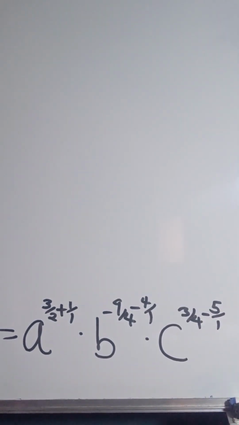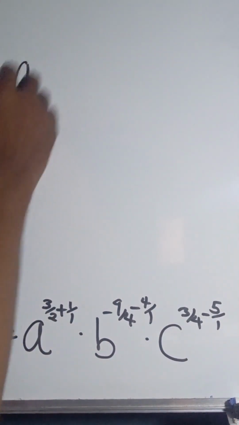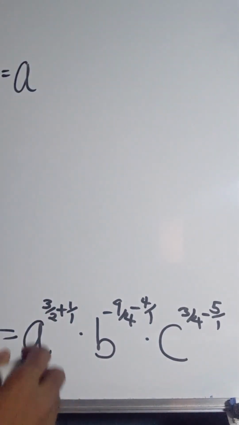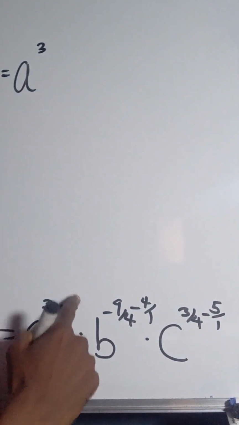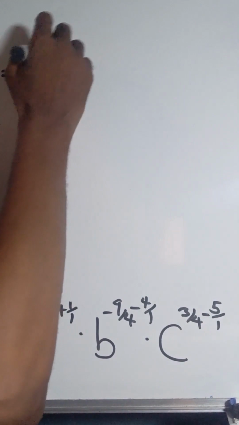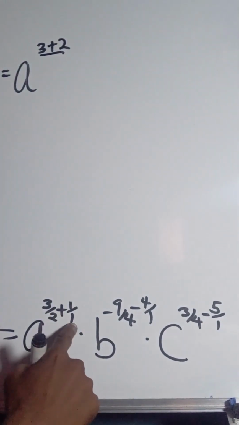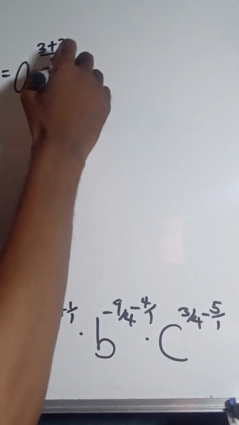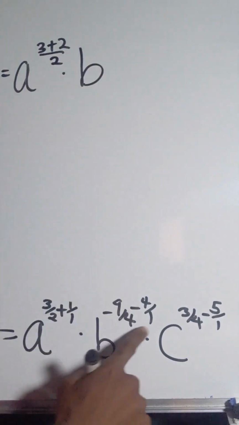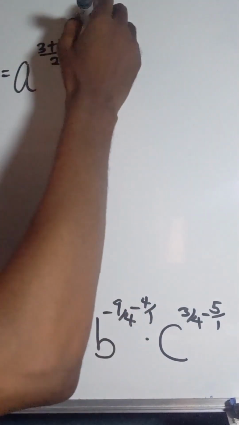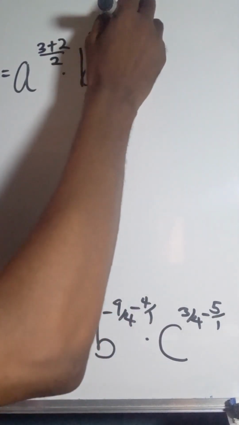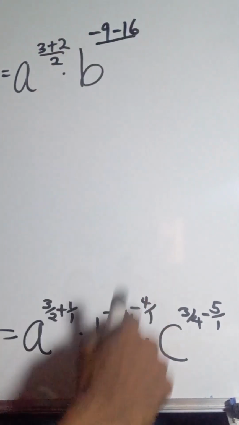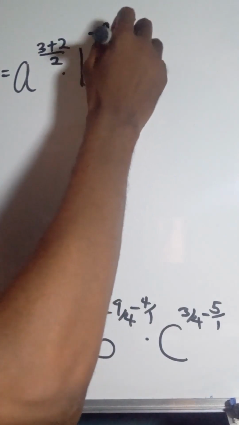From this, for a, 1 times 3 is 3, 2 times 1 is 2, and 2 times 1 again is 2. For b, 1 times minus 9 is minus 9, 4 times minus 4 is minus 16, divided by 4 times 1 is 4.